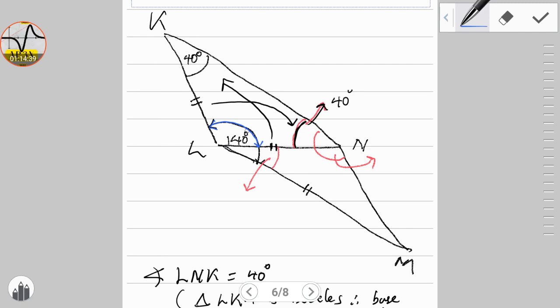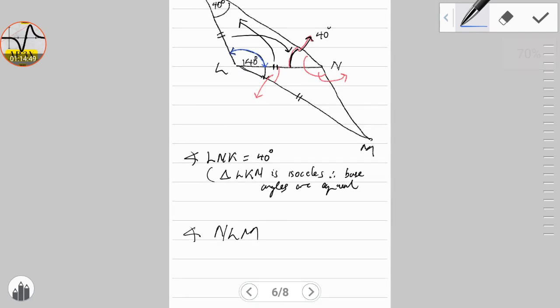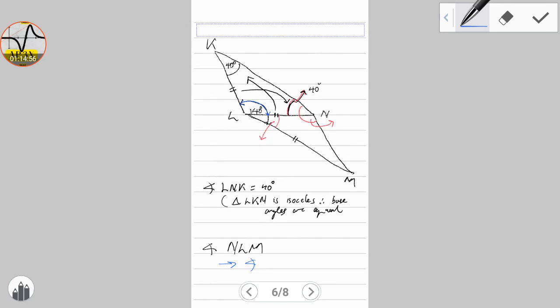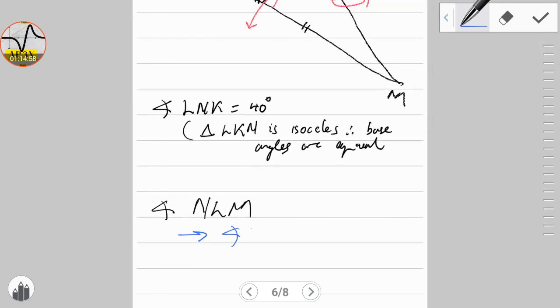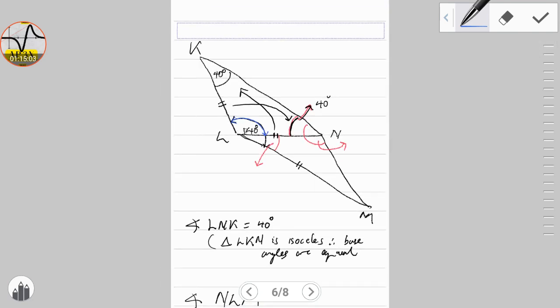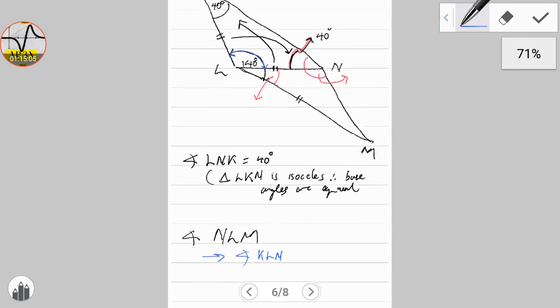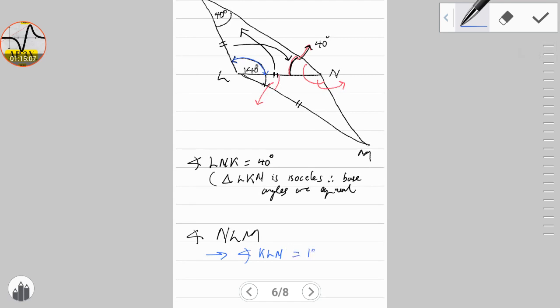Notice that part of the 140 is in the triangle at the top, KLN, which is isosceles, and we know the bottom angles are 40. So we can start our calculation by finding this top half, angle KLN. Angle KLN is equal to 180 minus the two 40s, so 40 times 2.